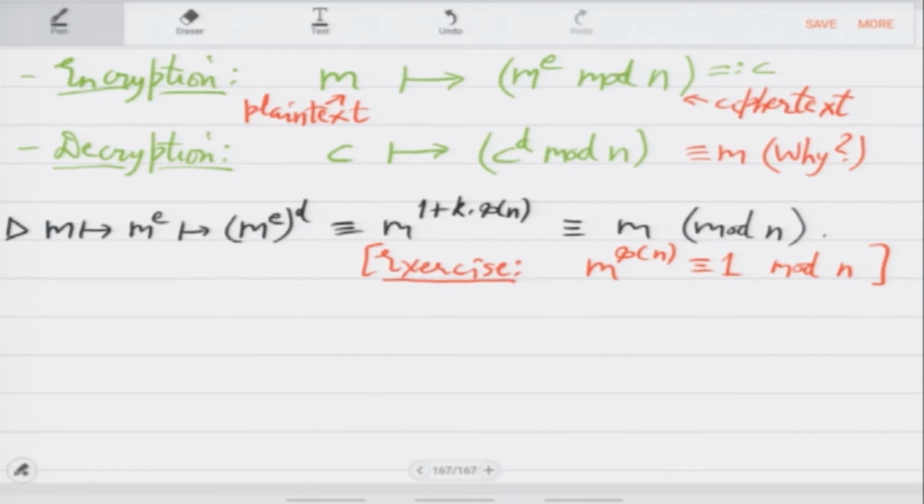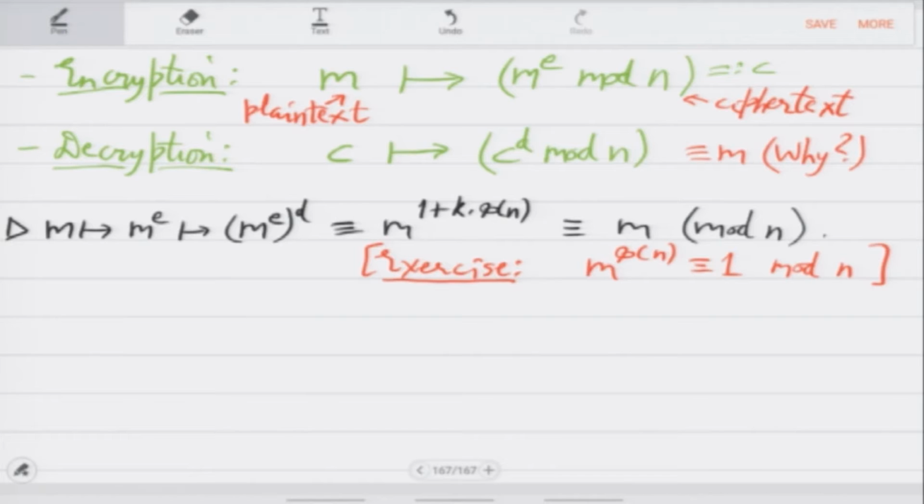the bank knows M. Now the question to ask is, an adversary listening in the middle, listening to you and the bank, the message you send, the C that you send to the bank.